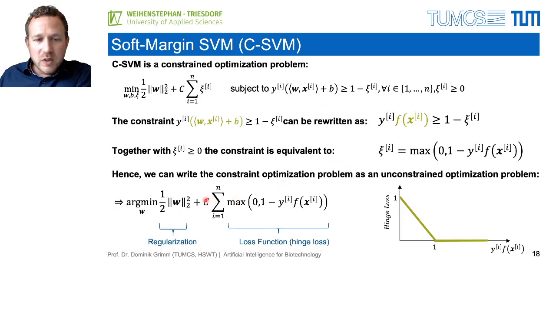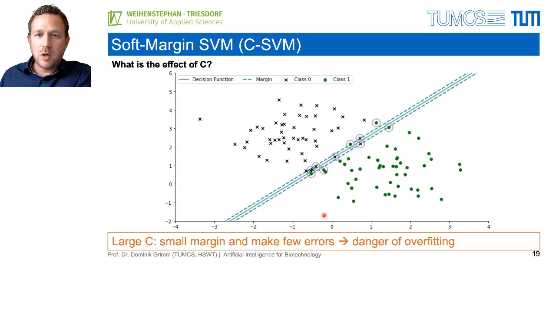If C is large, then we have a small margin because we then penalize wrong predictions much more strongly. Large C favors this term, so the margin gets small. This term is not so important as the misclassification, so we make few errors and we have a small margin.